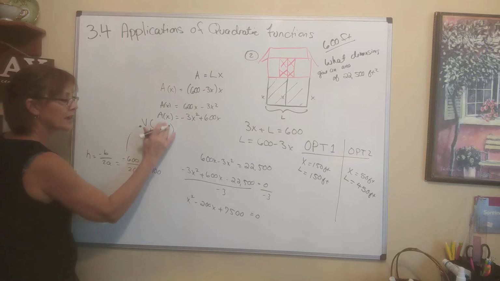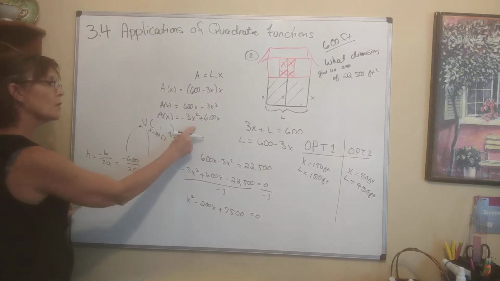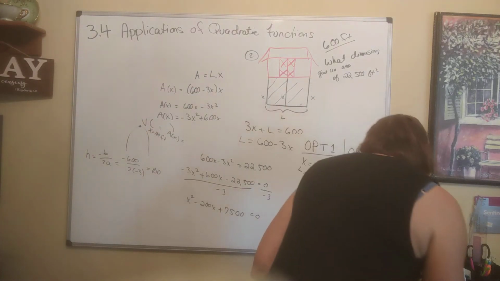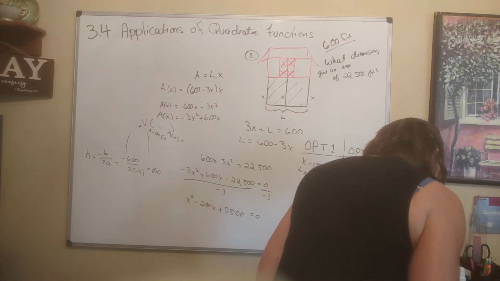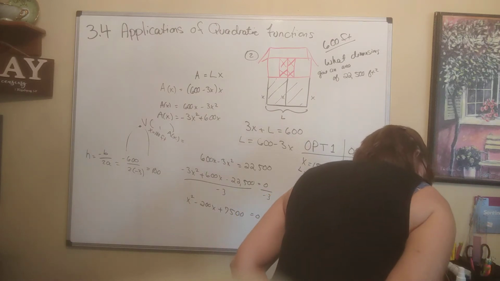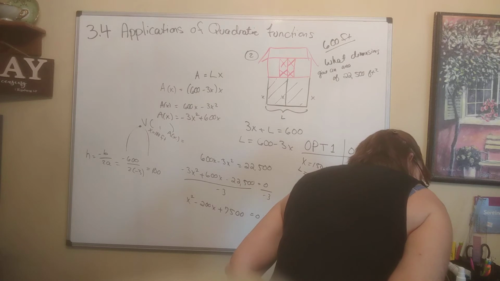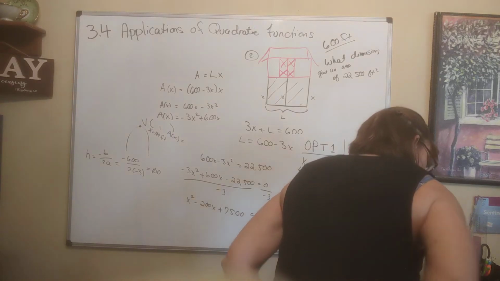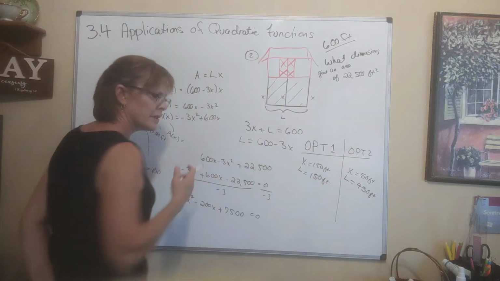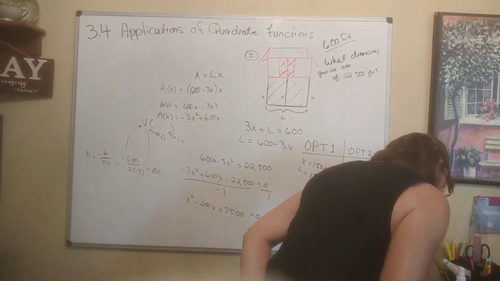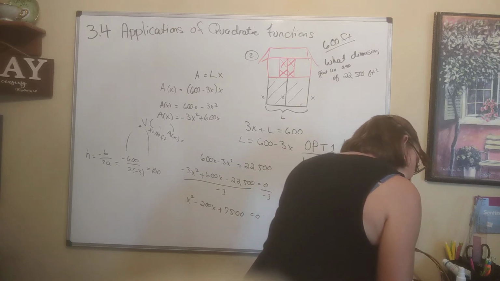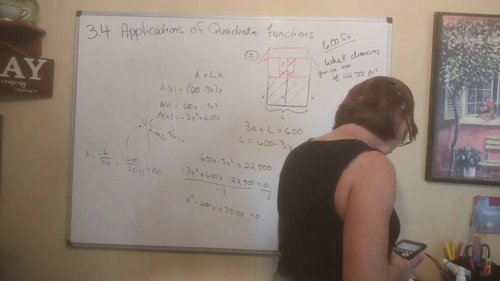Well, what will that maximum area be? A of x, what will it be? Well, we'll plug in 100 into this expression and find out what that'll be. And when we plug it into there, we get this. We get that it is, where did I put it? The maximum area is going to be 22,500. No, that's not right. That's the other one. Is that what it's going to be? Hang on just a second. Let me make sure I like this. I don't think that's right.